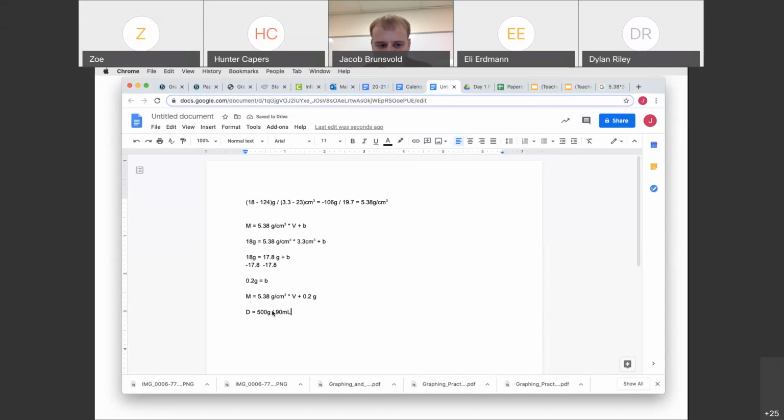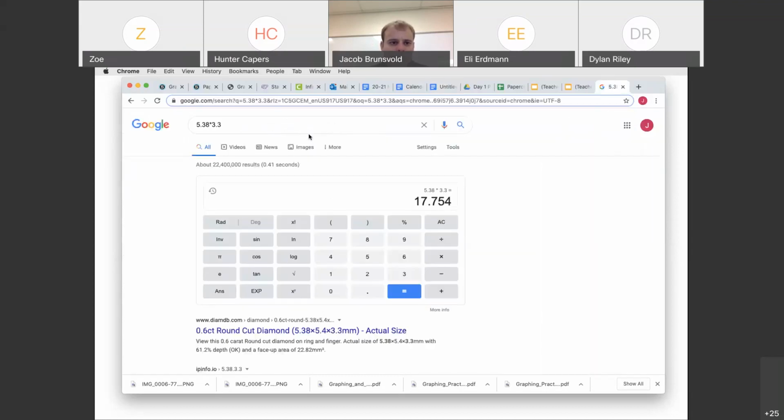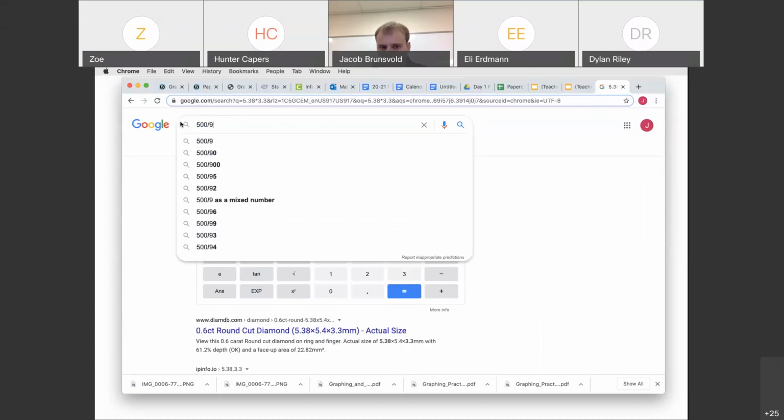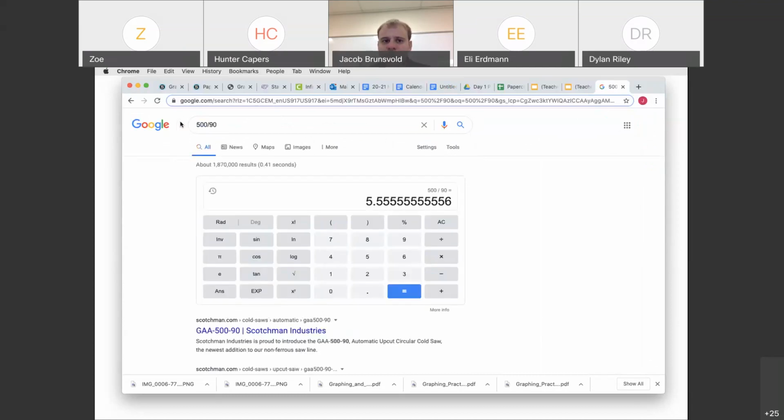I'm just going to use milliliters because it's easier to type out on a computer. And then 500 divided by 90 equals 5.5 repeating, you smarty pantses.